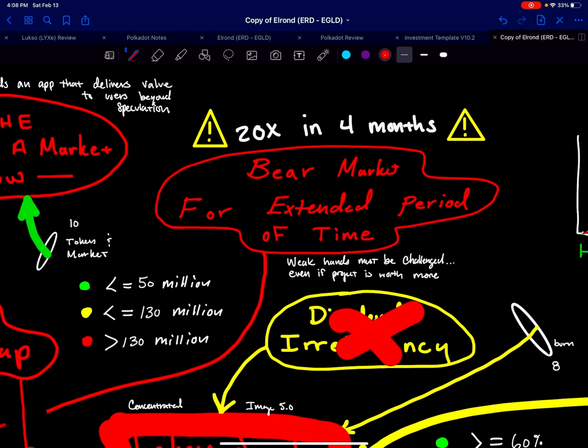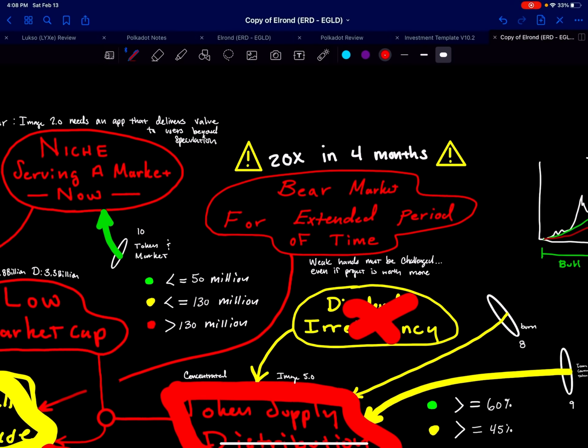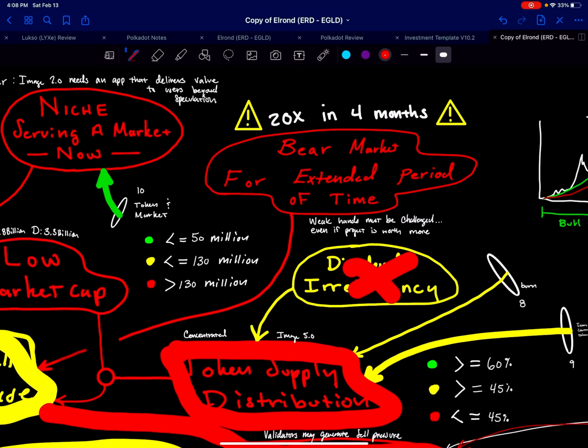One of the things that makes me less likely to enter is that it's 20x in 4 months, extremely fast price performance. And in my opinion, from experience, weak hands must be challenged. The people that are holding this for 20x, at some point they need to see a bear market in this in order for you to know the price is sustainable. So these people have to be challenged.